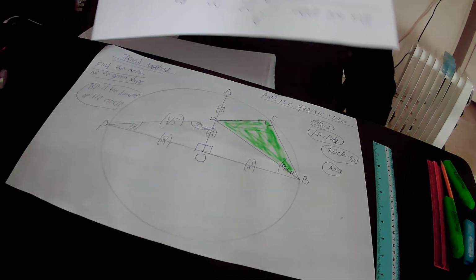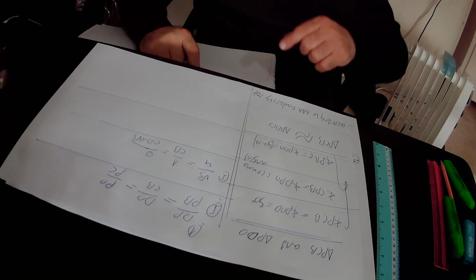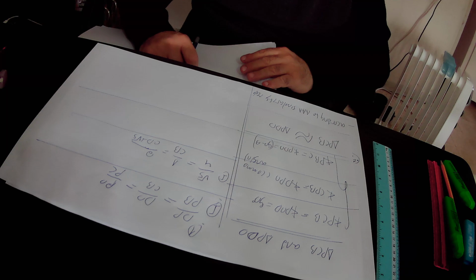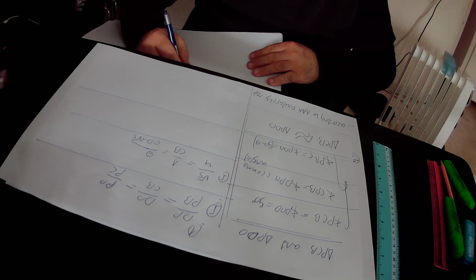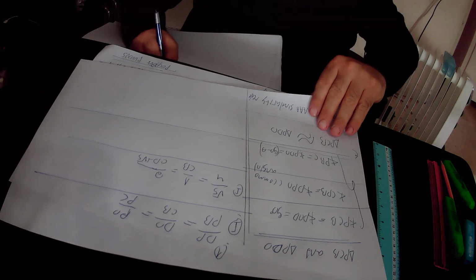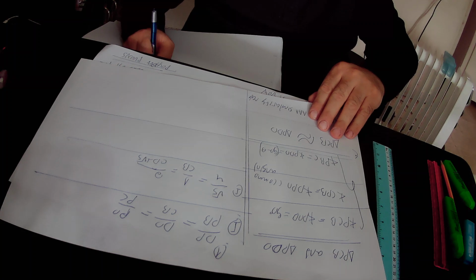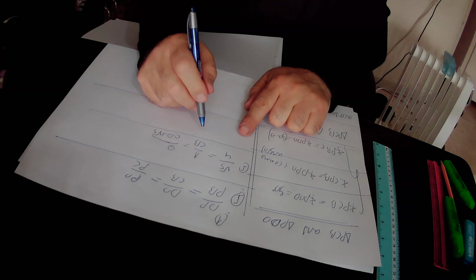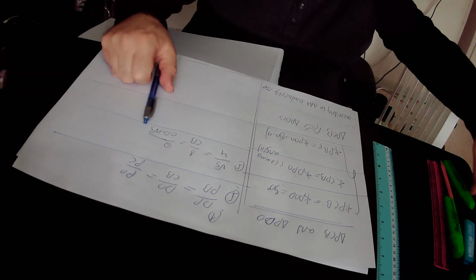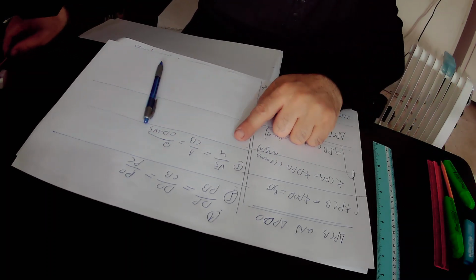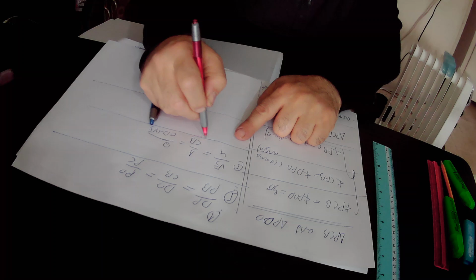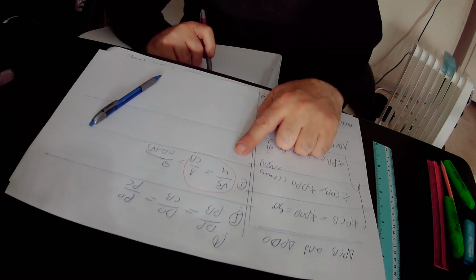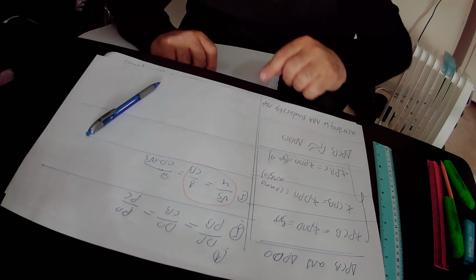So actually, I found out that square root of 5 over 4 equals 1 over CB equals 2 over CD plus square root of 5. Those two expressions are equal to each other, so we get equation 1 from them.